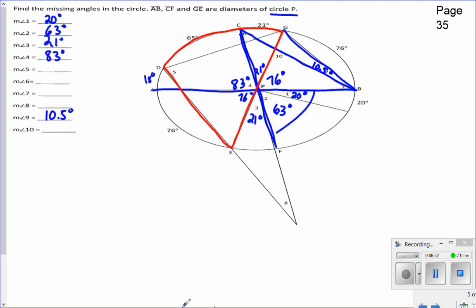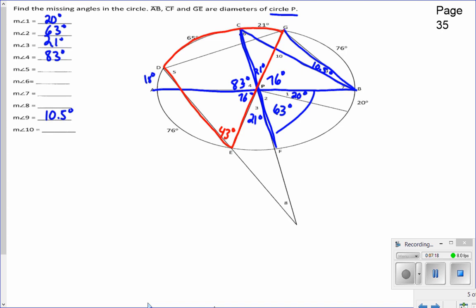So if I combine 65 and 21, that's going to give me 86. And then I'm going to divide that in half. So half of 86 is 43 degrees. So this angle has a measure of 43 degrees. And that's not one we were looking for, but it might help us with something else. So we'll go ahead and fill it in.